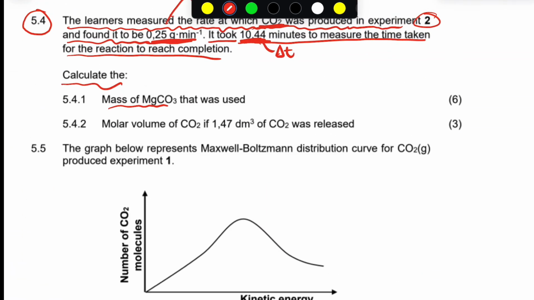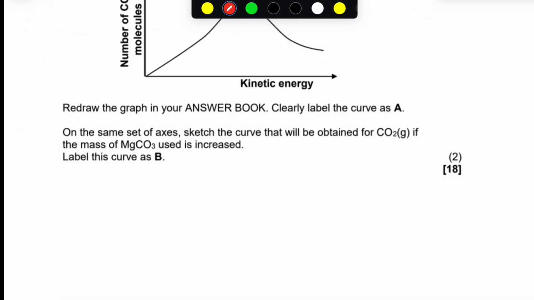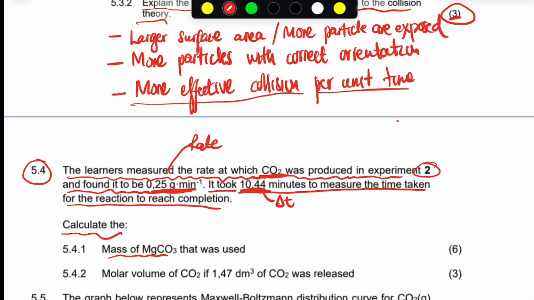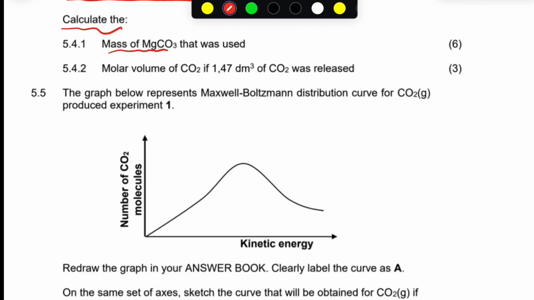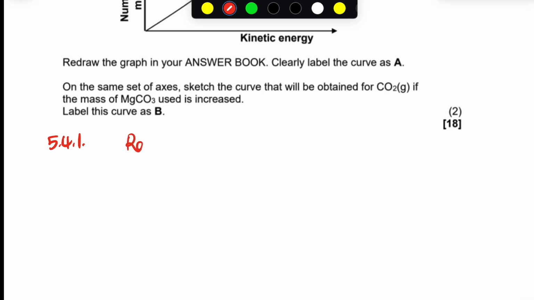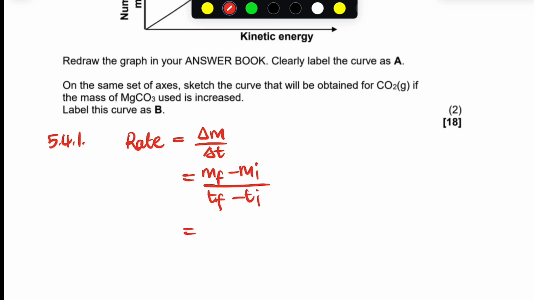So what we're going to do in 5.4.1 is make use of the rate. Guys, there will be no conversion there. Our rate is going to be the change in mass over the change in time, which is the final mass minus the initial mass, divided by the final time minus the initial time. And then we substitute the rate.